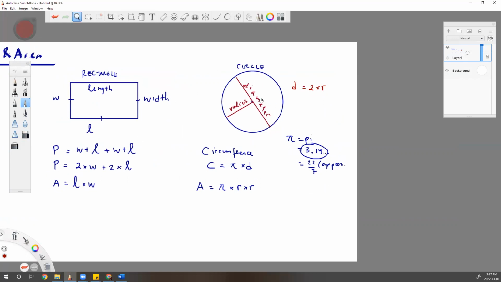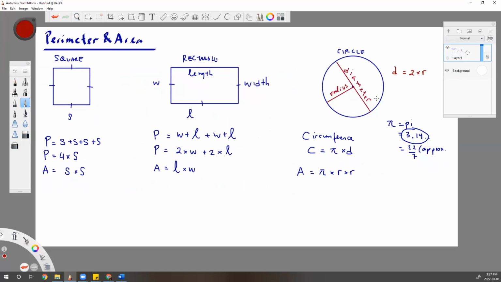I will highlight the important parts or important features in this explanation. Now we are talking about the perimeter for S, the area S times S, the perimeter 2W plus 2L. Don't forget to do the order of operations. There you go. And the most important part on circle is pi.